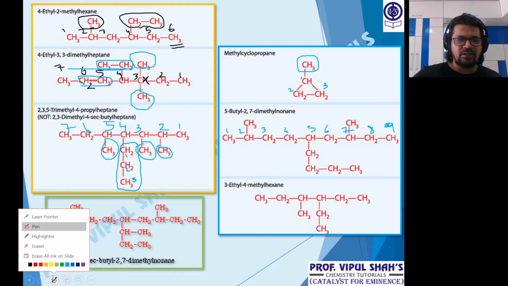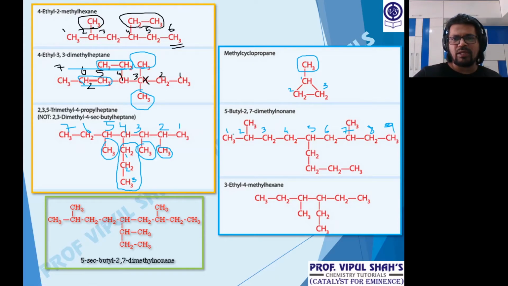At 2 I have a methyl. At 7 also I have a methyl. So 2,7 dimethyl. And at 5, if you observe, I just have a continuous chain without branching. 3, 4 carbon atoms. What is 4 called?